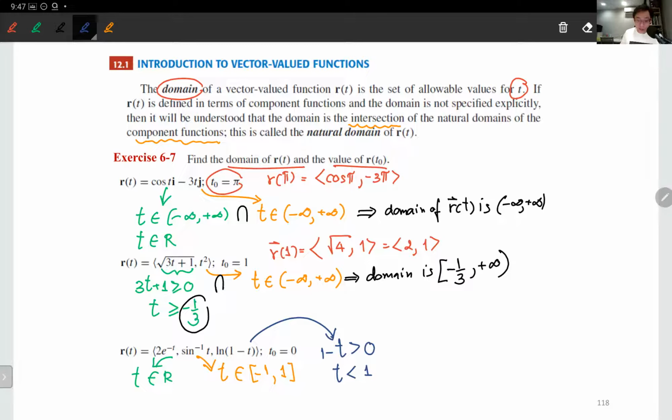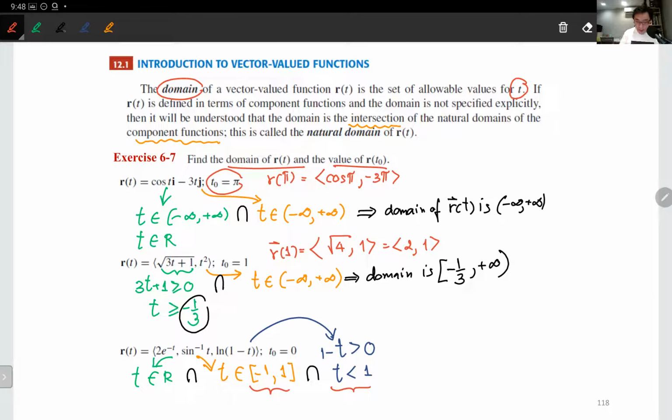Okay, nice. All right. Now, once we have this, you have to intersect them all. Because the first one is pretty much everywhere, it does no good. So pretty much you have to look at the intersection between the y component function and the z component function. As you can see from this one, this one allows you from -1 and up to 1, but this one is just 1 and below.